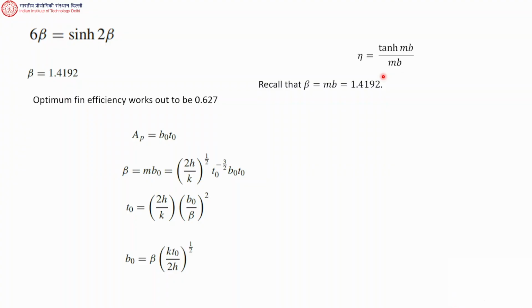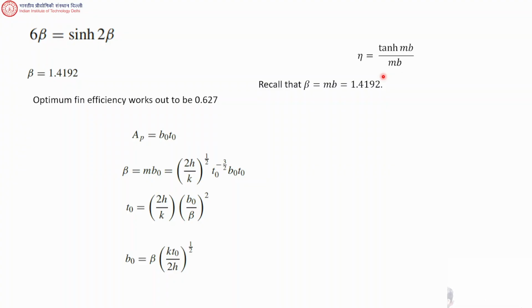Okay, so what have we done? We have got this optimization done when the profile area is prescribed. Ap is prescribed, a given number. For that, you have done the optimization and got beta equal to 1.4192. But ultimately, it's not beta we are interested in.